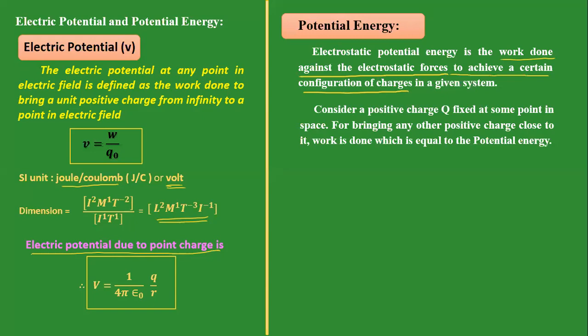Now we consider one positive charge Q. It is fixed at some point in space. For bringing any other positive charge close to it, work is done, which is equal to the potential energy.